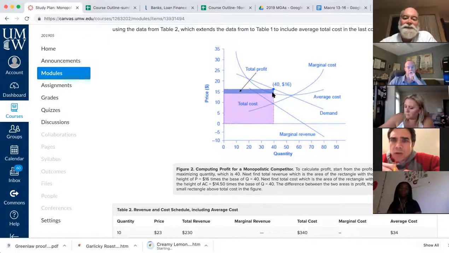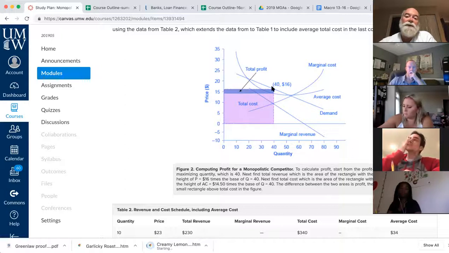I'm going to guess it looks like the average cost there is about 14. So the difference between a $16 price and a $14 average cost is a $2 profit margin. Doesn't sound like much, but when you multiply it by the 40 units of output, you get the dark blue area, which is 2 times 40, $80.